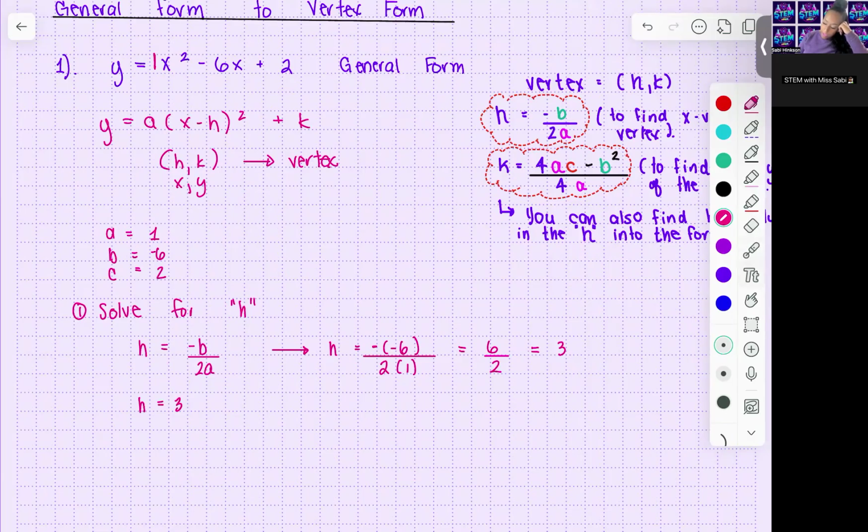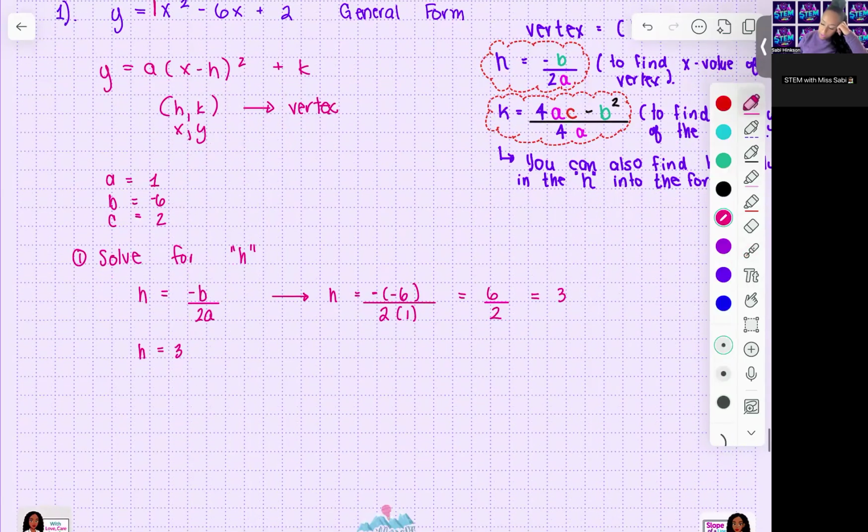Now remembering I am trying to convert to vertex form, let's see what I have so far. I have y is equal to 1 times (x minus 3) squared, but I do not have my k. So how do I figure out my k?